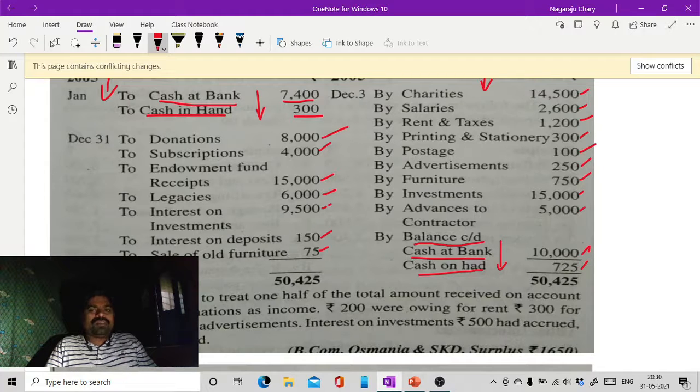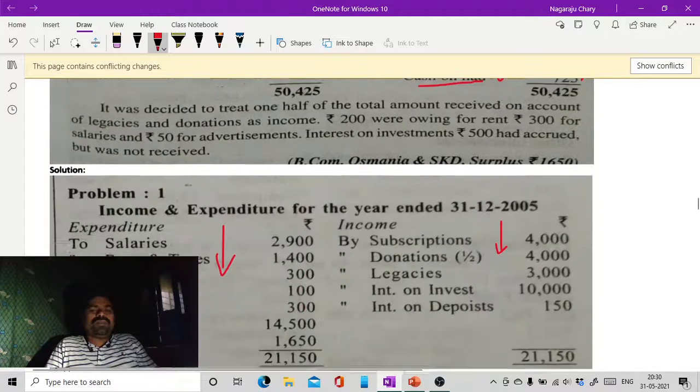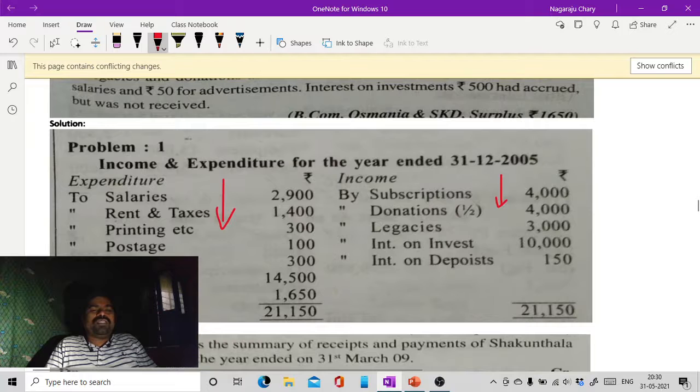Salaries is every month, for each and every employee working for the purpose of non-profit organizations. So salaries is repetitive in nature, and that's why salaries has to be taken into consideration.